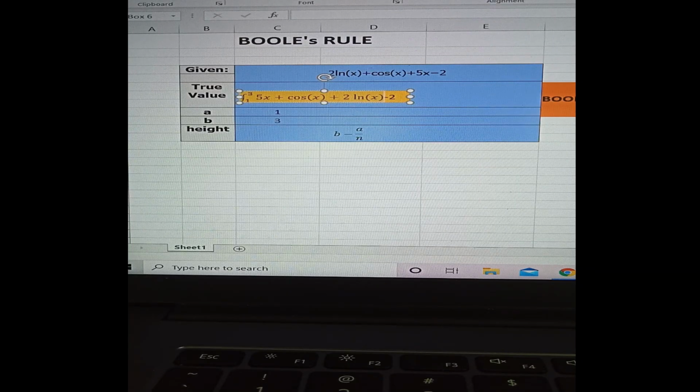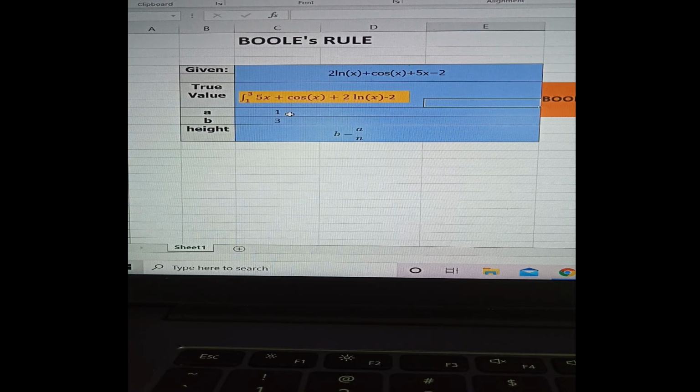Example. For this example, we need to find the height in the trapezoidal rule, and the true value and the approximate relative percent error. Here's the given: 2 ln x plus cos x plus 5x minus 2. Here's the formula given for true value.